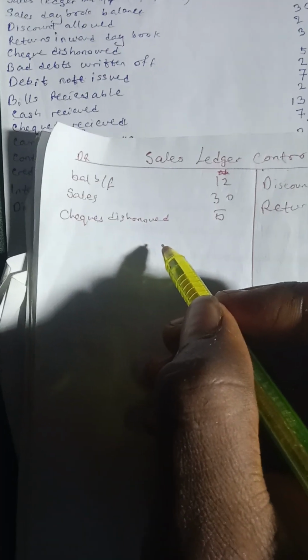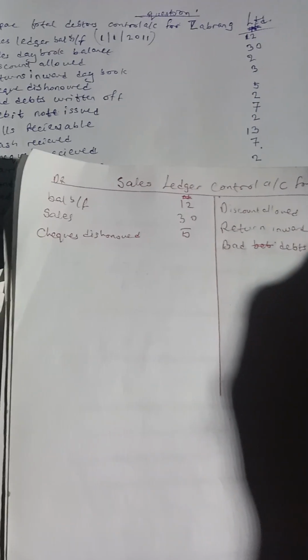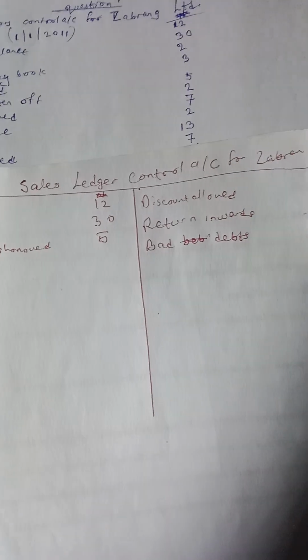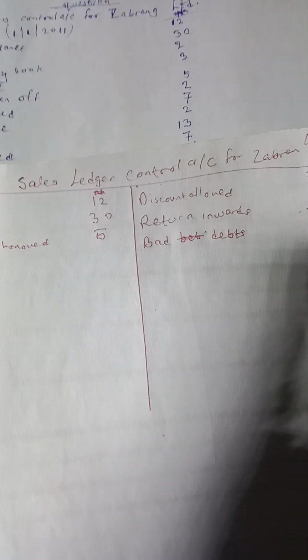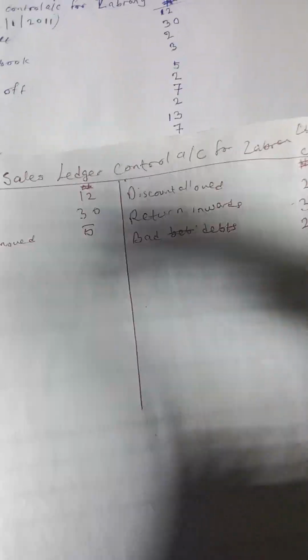Then we have bad debt written off. Bad debts reduce a debtor's indebtedness. If you go back to your balance sheet, you will see that bad debts are deducted from the debtors.